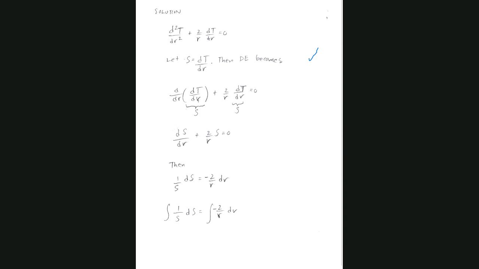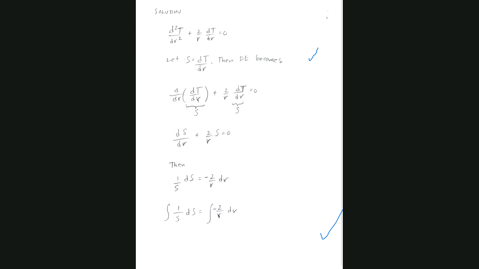And then the other part is just 2 over r times S. Are there any questions with the steps up to here? I'm sure you're going to see this when you take your differential equations class.